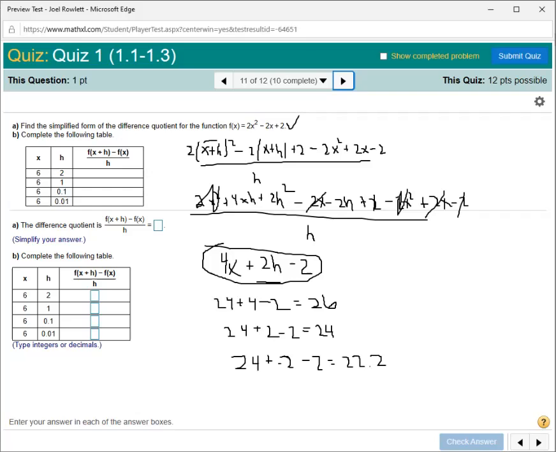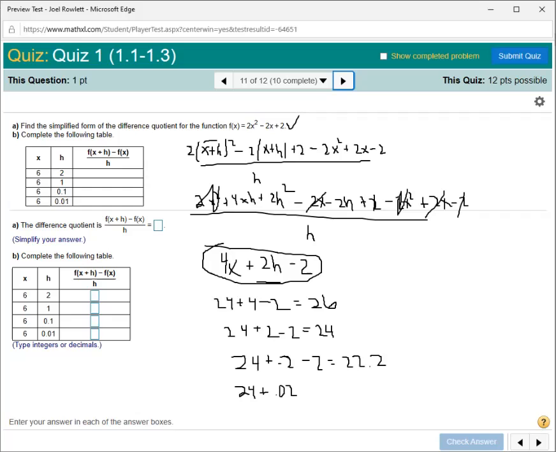And finally, the last row. X is still 6, so that's going to give me 24 here. And I'm going to add to that 2 times h. This time h is 1/100th. I just realized there's a mistake on the previous problem. We'll fix that. But anyway, I've got 2 times 100th, which is going to be 0.02.